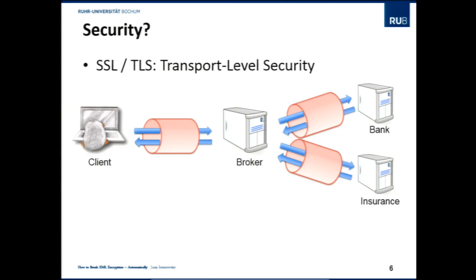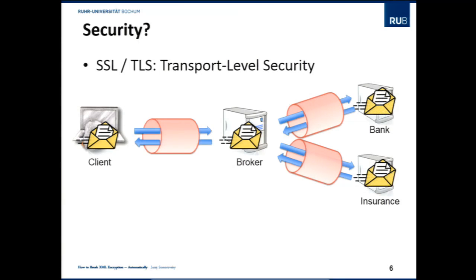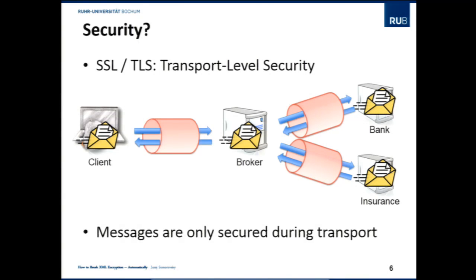In SSL/TLS, the messages are secured only during the transport. So if the client sends a message over the secure channel to the broker, the broker can see the message, maybe some confidential data like credit card data, and send it on to the bank or insurance company. The problem is that messages are secured only during the transport.